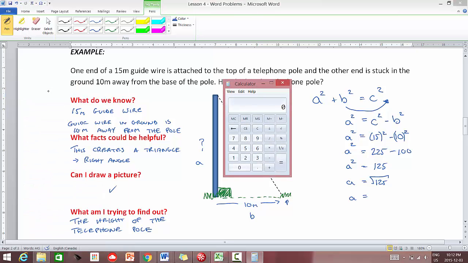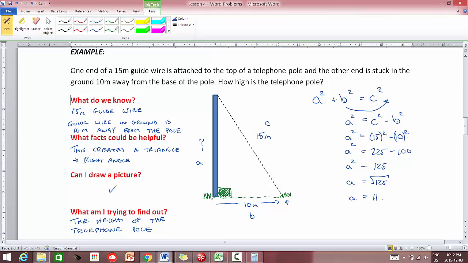Okay, 125, take the square root. So we end up with, again, two decimal places, 11.18. A equals 11.18 meters. Okay, finish with the concluding statement.